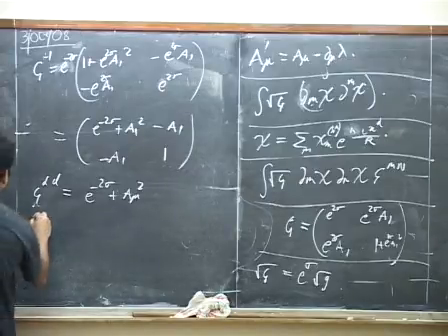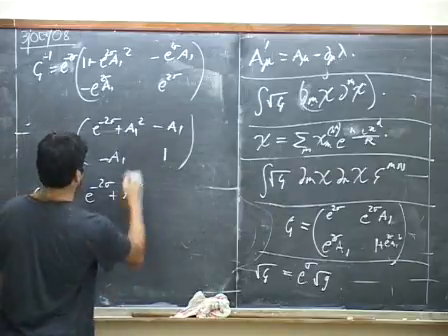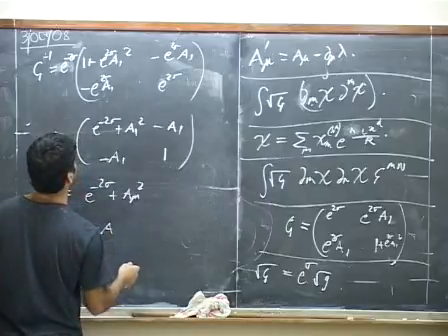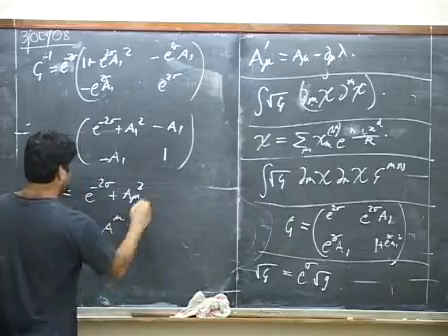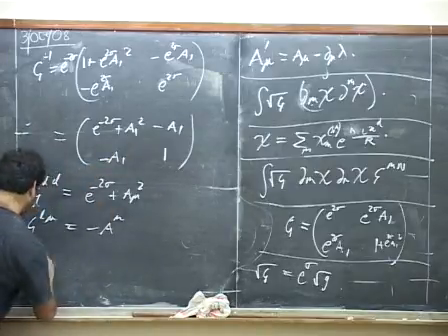Okay, G d mu is equal to minus a mu, okay, and G alpha beta.